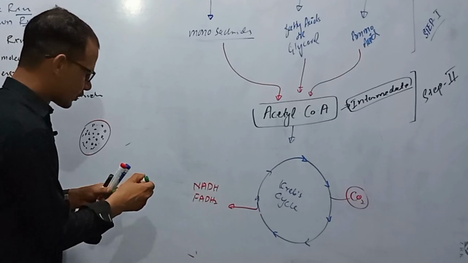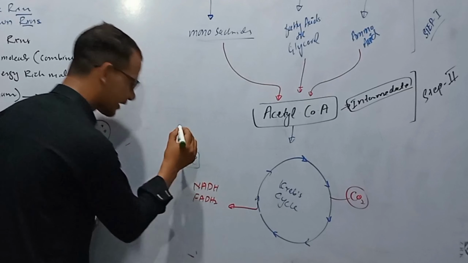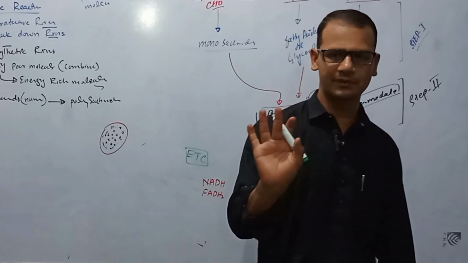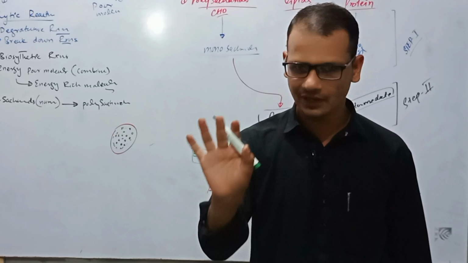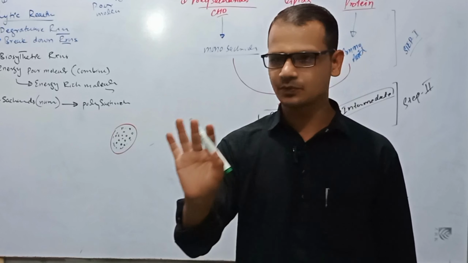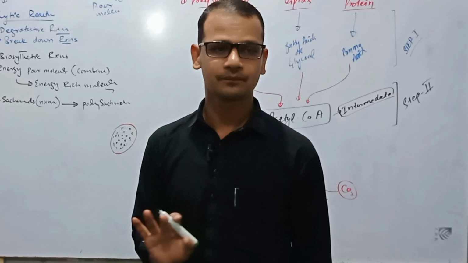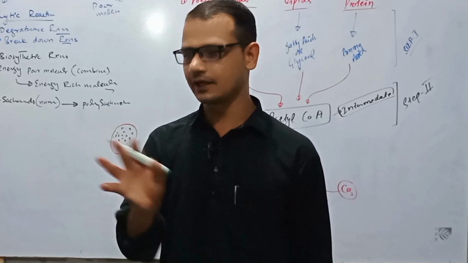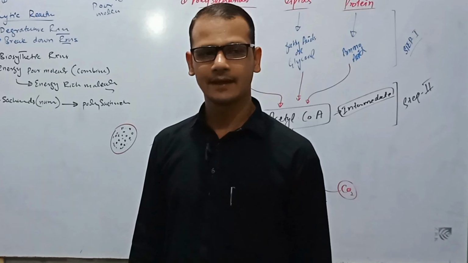The electron transport chain and the Krebs cycle both take place in mitochondria, but one occurs in the mitochondrial matrix and the electron transport chain occurs in the inner mitochondrial membrane. Why does it occur in the inner mitochondrial membrane, not in the outer mitochondrial membrane? Anyone?